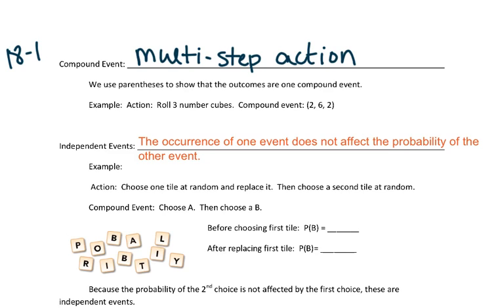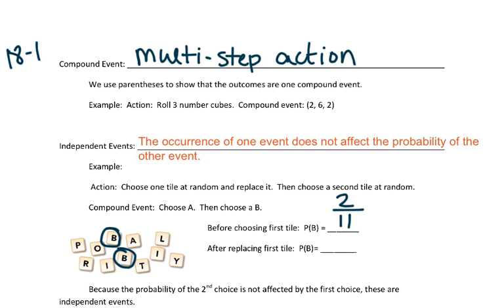So the probability of picking a B before you choose the A, there are 2 B's here, and there are a total of 11 tiles. So the probability of choosing a B is 2/11.